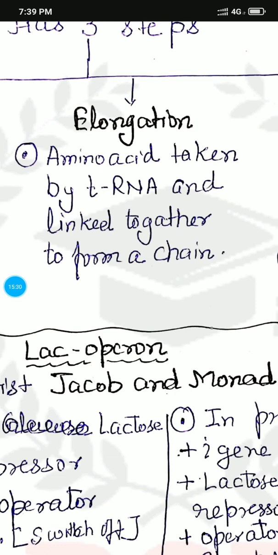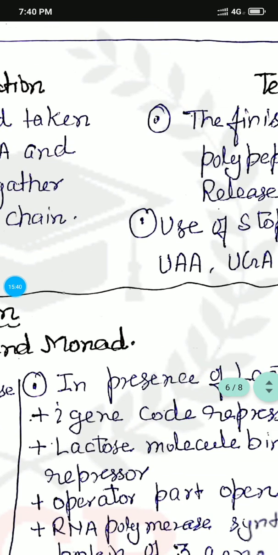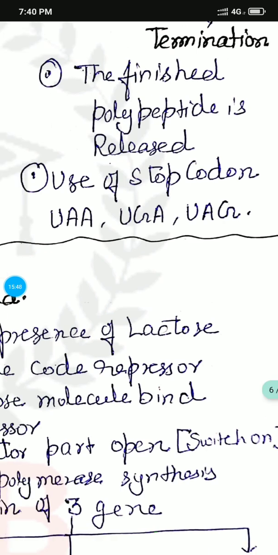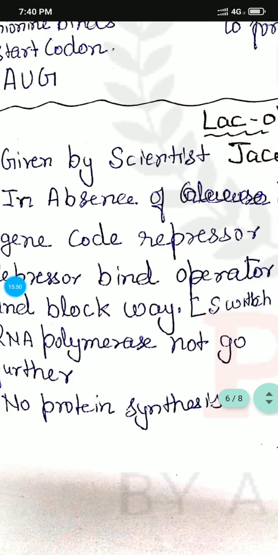One amino acid, then another, then another, and one by one it builds the whole chain. Now the termination: the finished polypeptide is released with the help of a stop codon, and the stop codons are UAA, UGA and UAG.